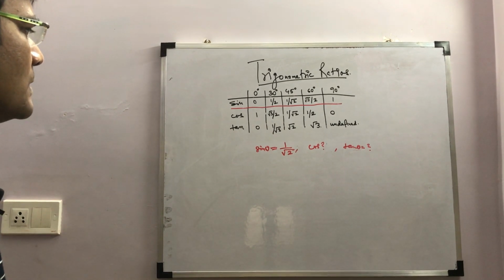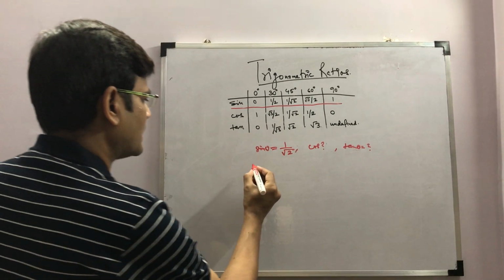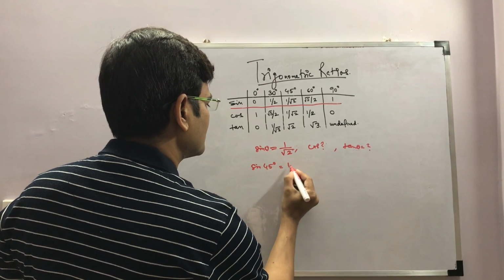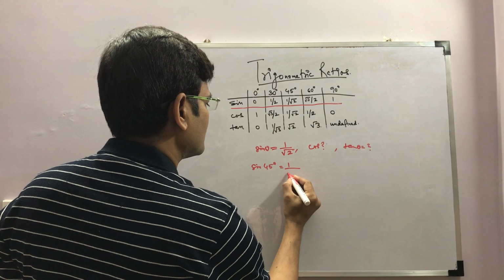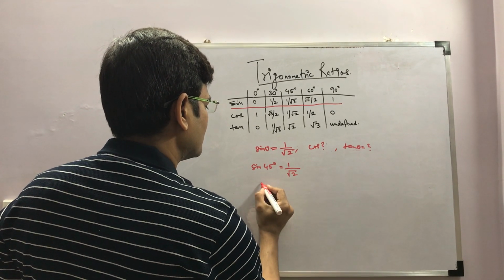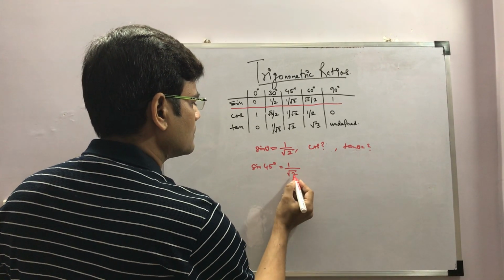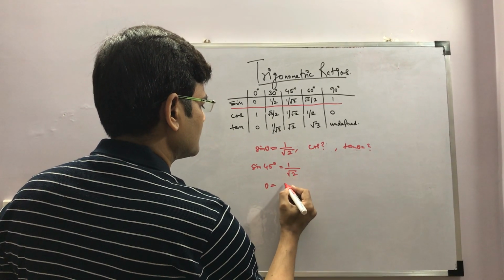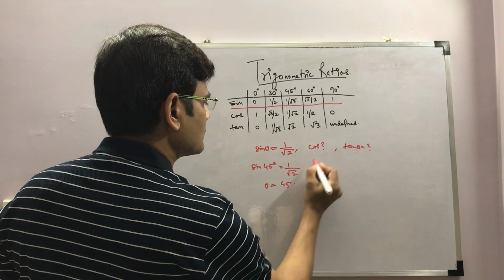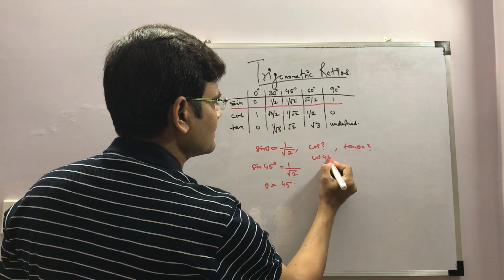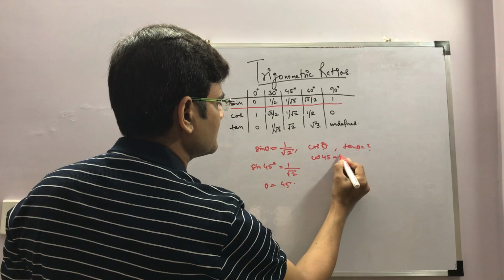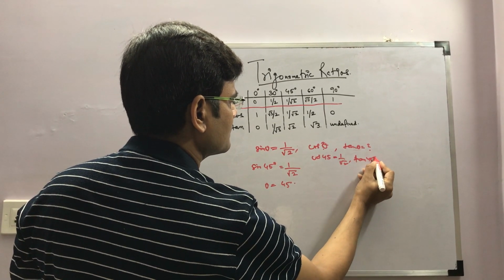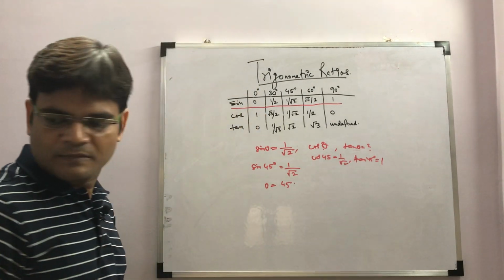If sin theta is 1 by root 2, you know sin 45 is 1 by root 2. So theta is 45 degrees. So cos 45 degrees, these are very simple problems. Tan theta is tan 45, which is 1.